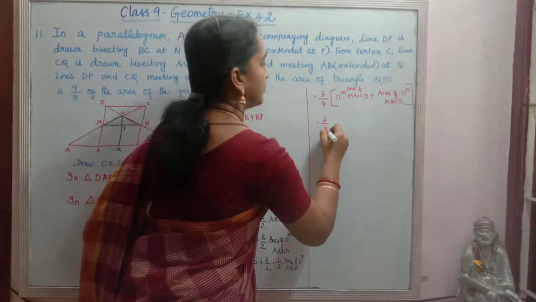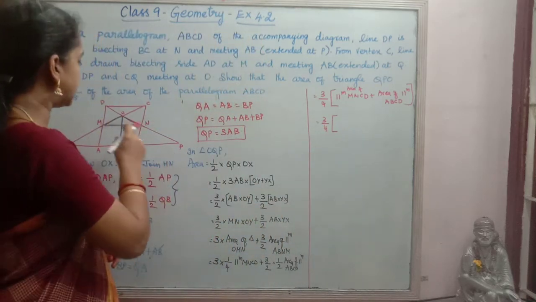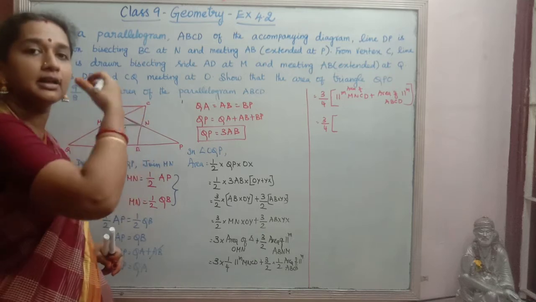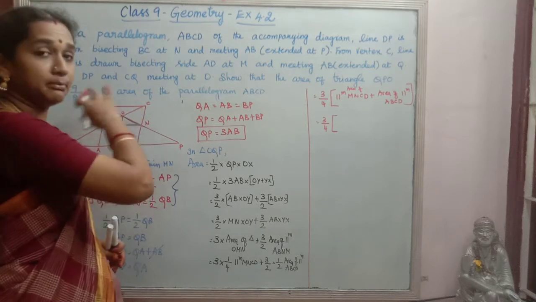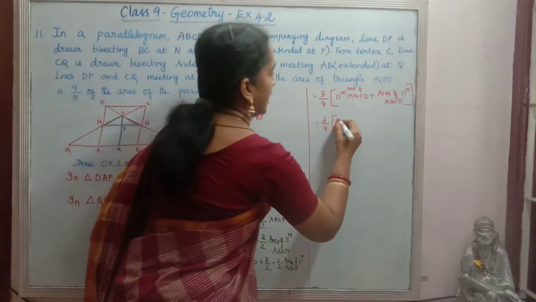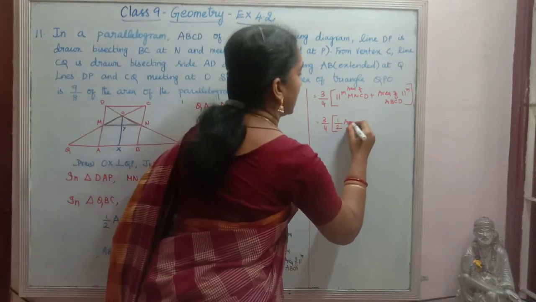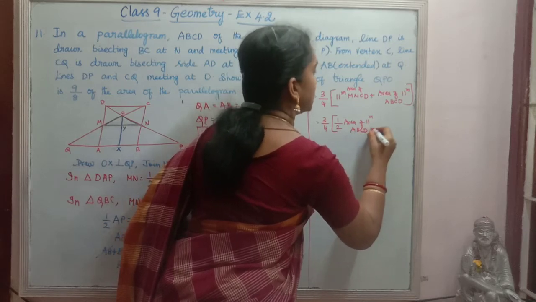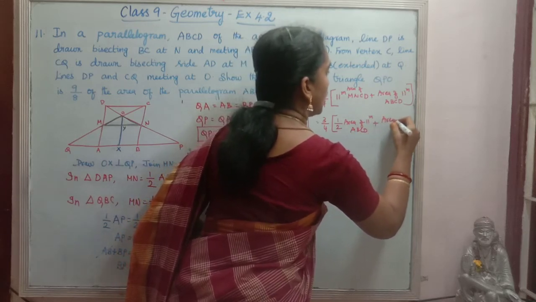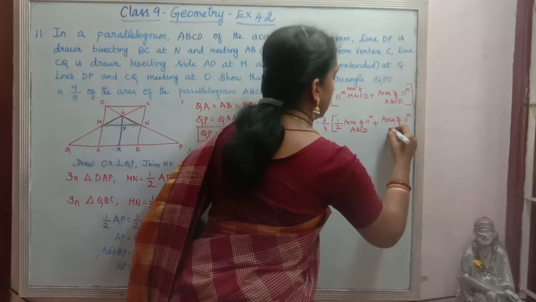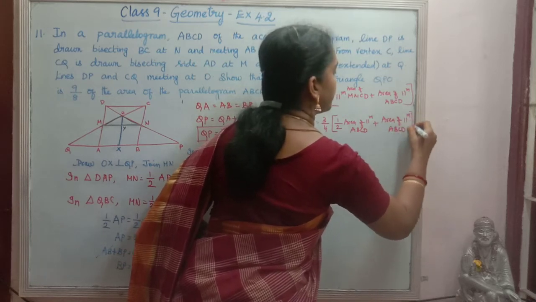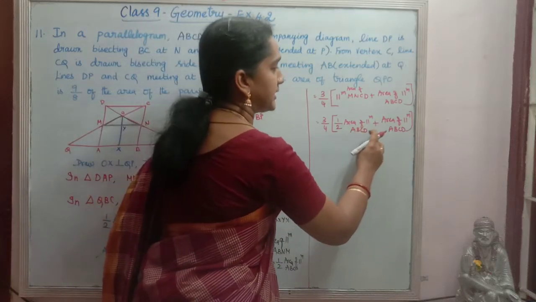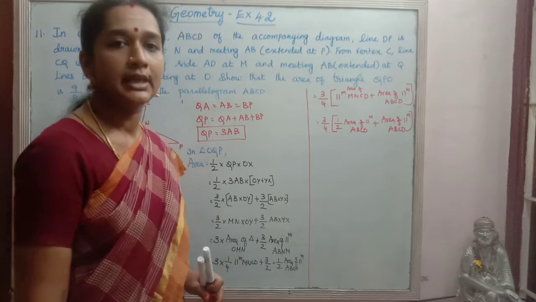Here, 3 by 4 into, if we take MNCD, this is again half the area of the parallelogram ABCD. Plus the area of parallelogram ABCD. So this one is half the area of parallelogram ABCD plus the area of parallelogram ABCD.